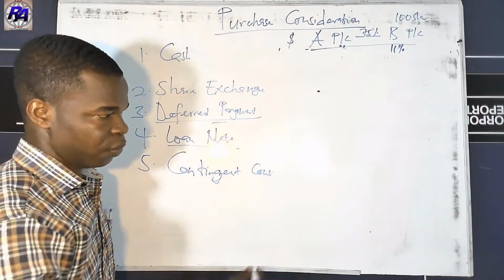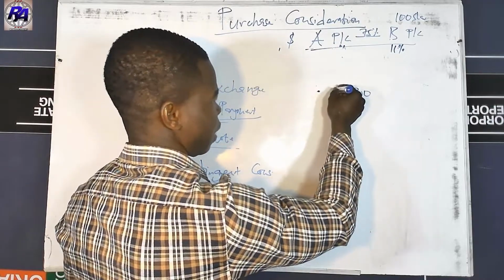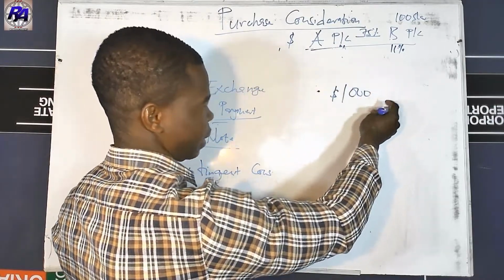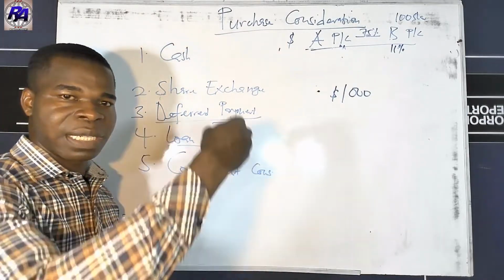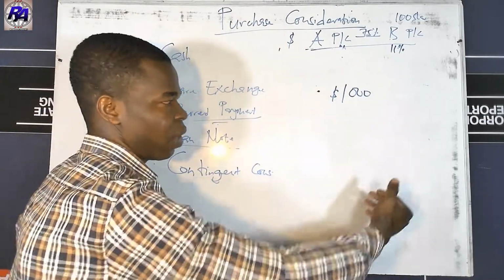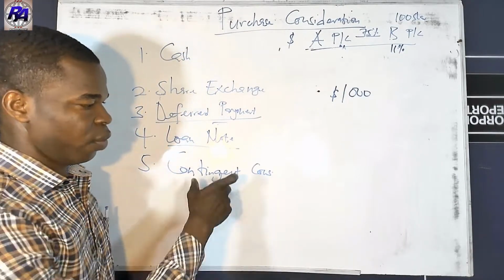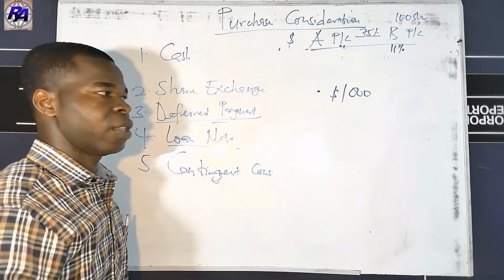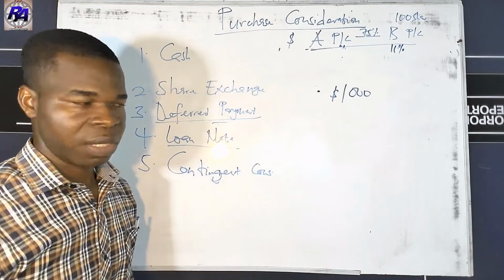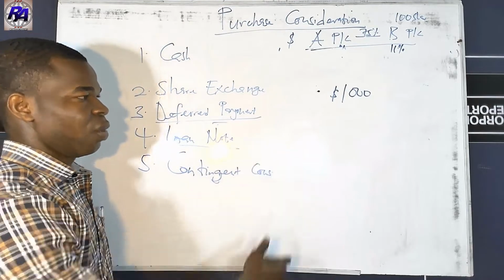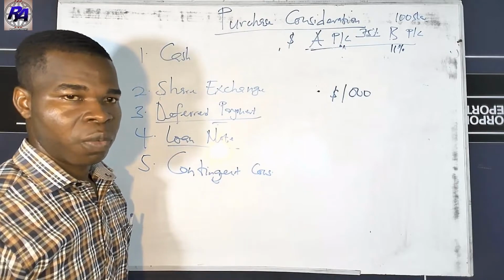So, for instance, we will say that if the subsidiary is able to make a profit of, let's say, $1,000, then we will pay the consideration. This is contingent. Something must happen before we perform an activity. It depends on some conditions before we pay the consideration, and this also does not normally come up in the exam situation, but you are supposed to know how this works.